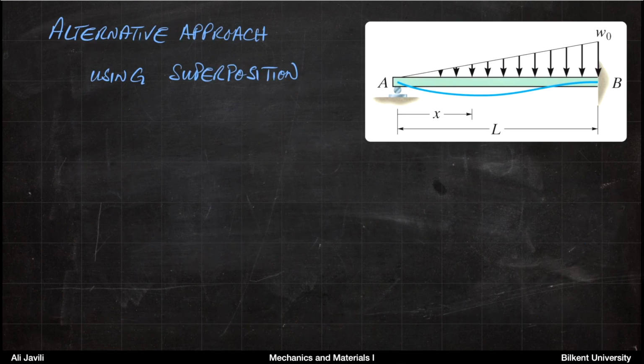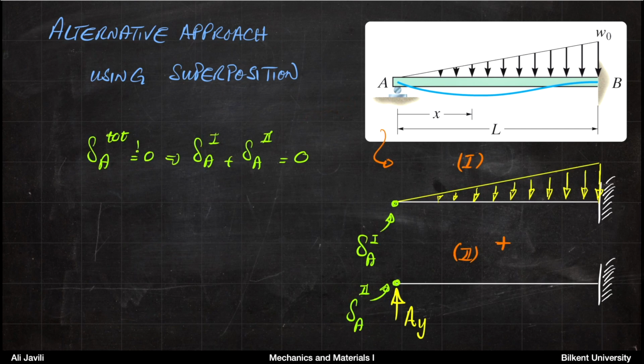So we want to look at the same problem again using the principle of superposition now. In order to do that, you can imagine that the system that you have here can be decomposed into system 1 and system 2. In the first system, you just have the distributed load, but you omit the support reaction.